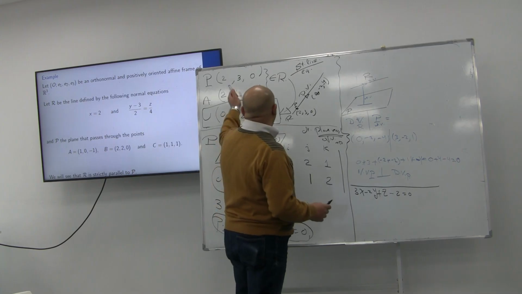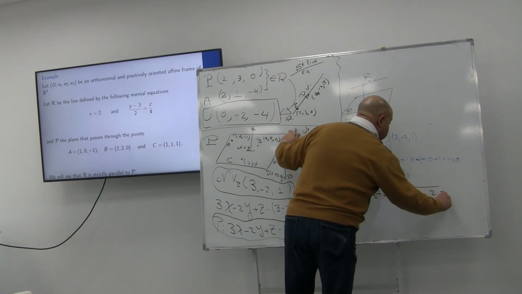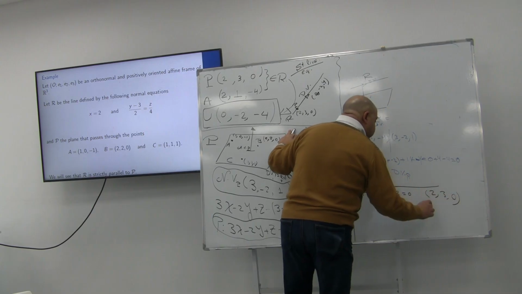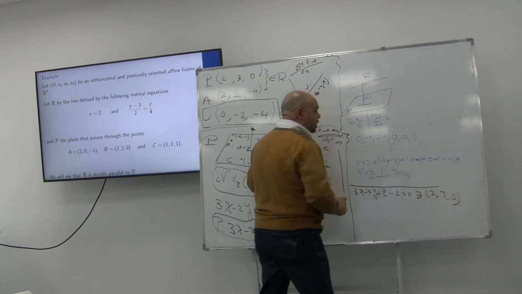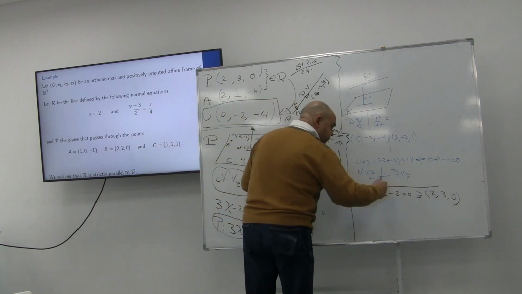And I will take the point from the straight line. I will choose 2, 3, and 0. Let's see if this point belongs to this plane. How to see that? Simply substitute.